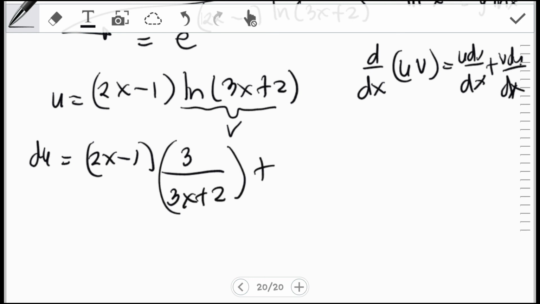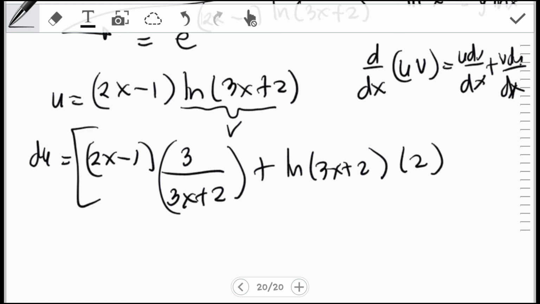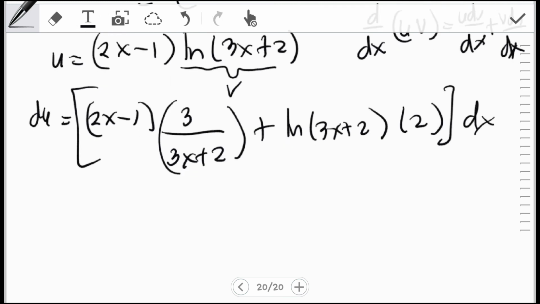Then plus v, which is ln 3x plus 2, times du over dx, the derivative of 2x minus 1, which is 2.